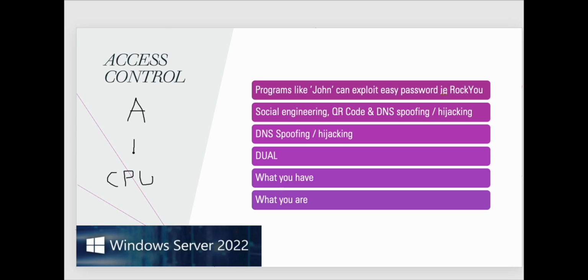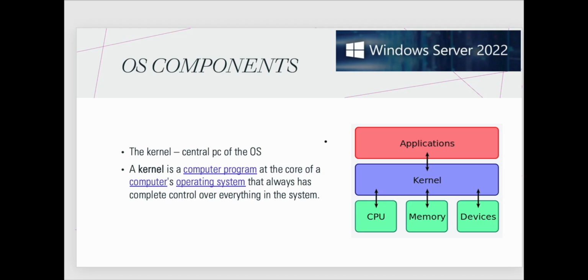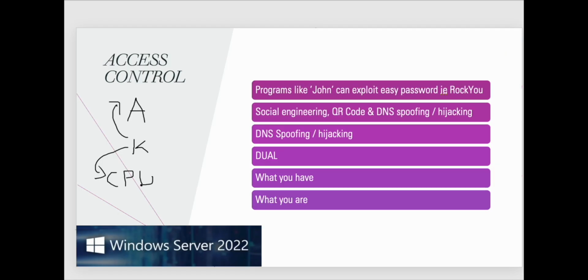And the thing that holds everything together, the layer that connects everything, is the kernel. So the kernel is going to connect to the application layer, and the kernel is also going to connect to the CPU layer. And this is all based on the drawing here: the kernel, CPU, memory, and devices. So the devices would be all the peripherals.